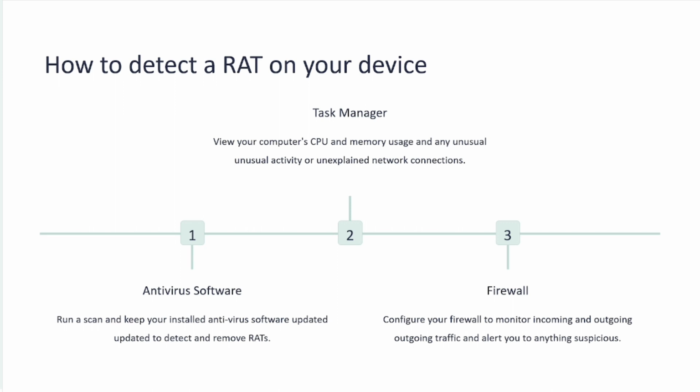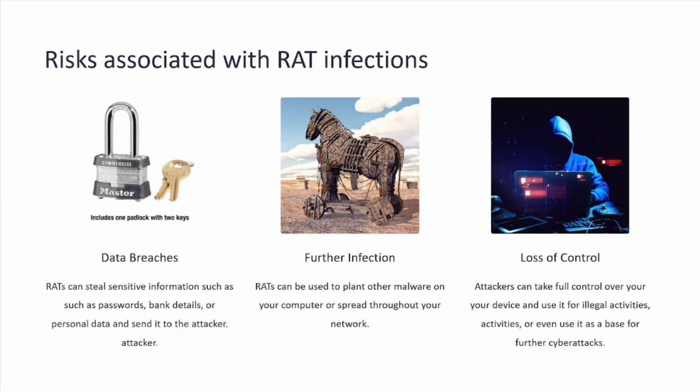Then we have firewalls, which can monitor all the network traffic coming in and going out, and alert you when there is something suspicious. You can also implement an IDS, an intrusion detection system, to alert you. And there are many other network security features.